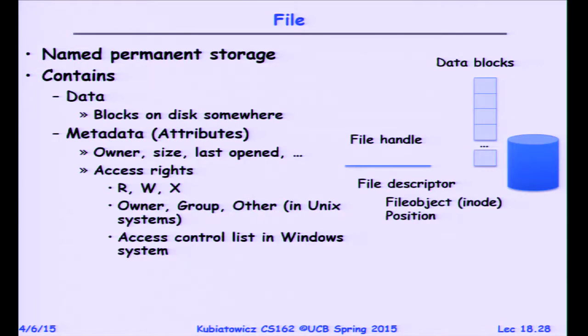Windows is actually much more enlightened when it comes to access permissions, because you have access control lists rather than this rather restrictive owner, group, other, which has 9 bits associated with it. In a Windows system, you can give arbitrarily complex control to an arbitrary set of people, and it's pretty powerful. Okay, so that's kind of nice. There was one system called Andrew File System from CMU that also had full access control in the Unix domain. Not used as much anymore.